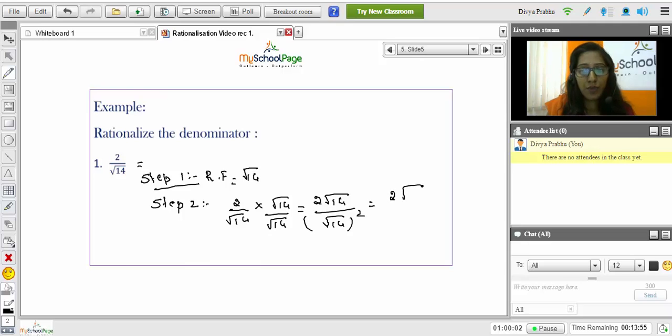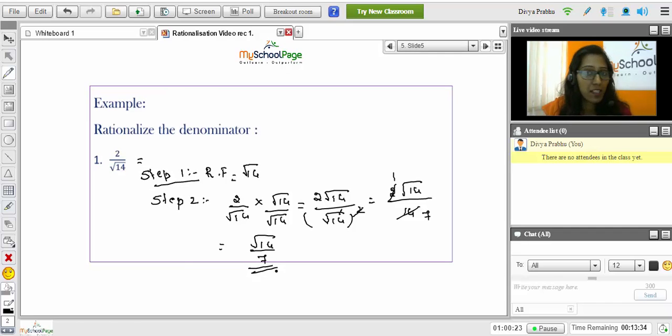So we get 2 root 14 divided by the square, and the square and square root get cancelled. So we will have 14. I can further simplify this. 2 1s is 2, 2 7s is 14. Therefore, my final answer would be root 14 by 7.